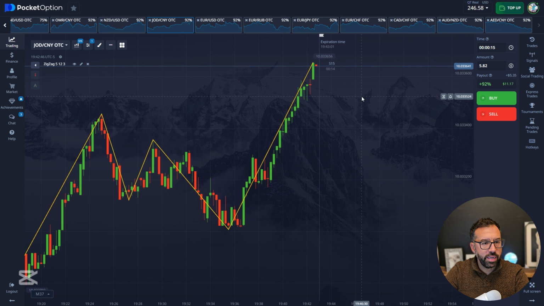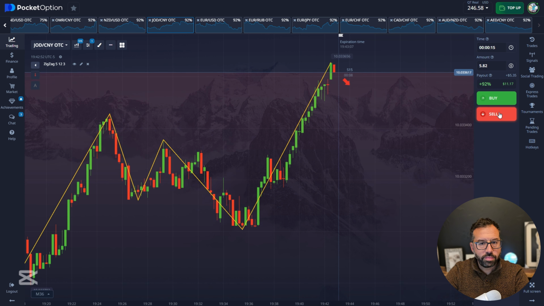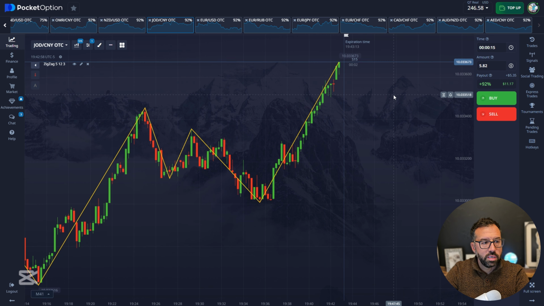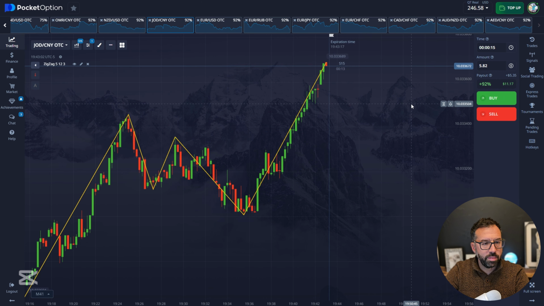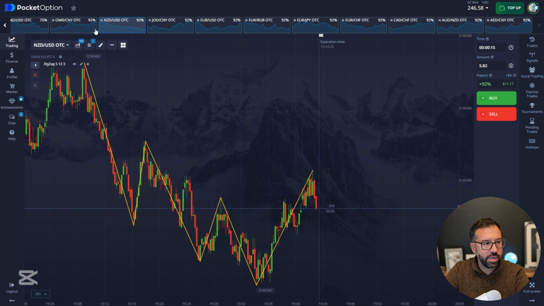So here's one right here, way over top of all of these candles. And so 582, 15-second timer. What does this look like to the left? Okay, it's still going up. So I think this one is trending way up. That doesn't look like it's going to come back down.